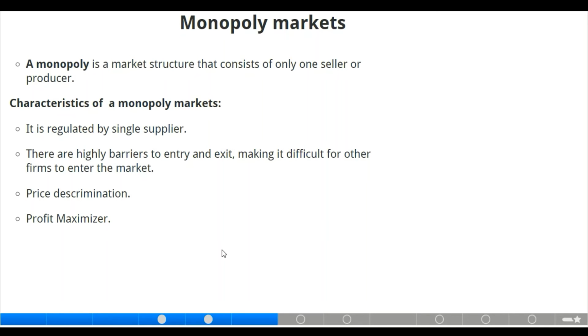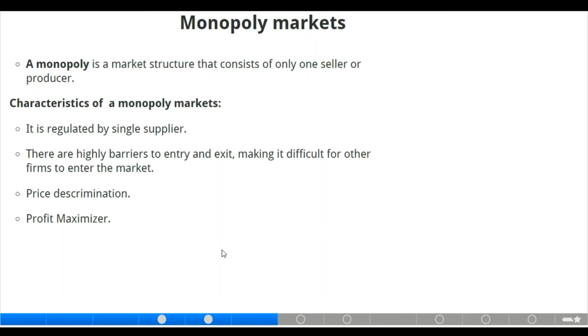Of course, that is making it difficult for other firms to enter the market. As we explained earlier, in a competitive market, we have free entry and exit. But here we have barriers to entry or exit, which means anything that makes it difficult for a firm to start or stop making a product.